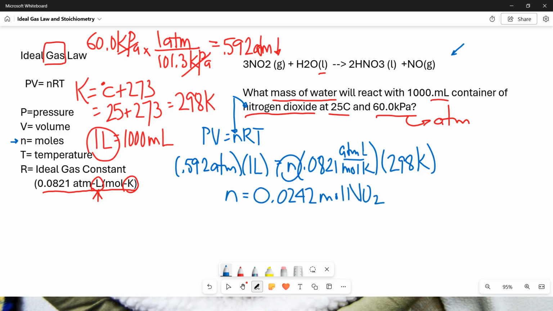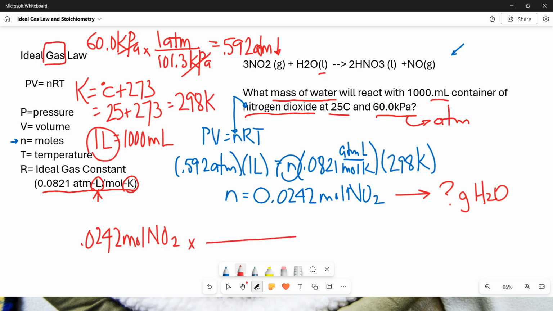Now, I'm going to take this and do stoichiometry. I want to figure out, using stoichiometry, how many grams of water would be needed in this problem. So I'm going to start with my 0.0242 moles of NO2, and I want to go to water.